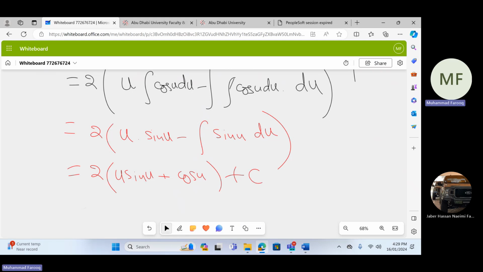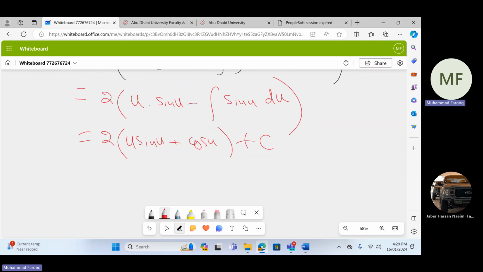Put back the u value: 2 times root x sine root x plus cosine square root of x, plus c. I hope you understand. That's it, and you don't have to go back.